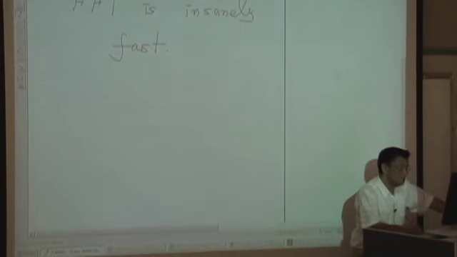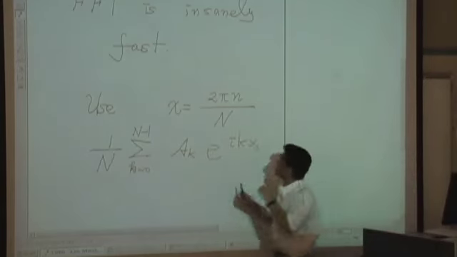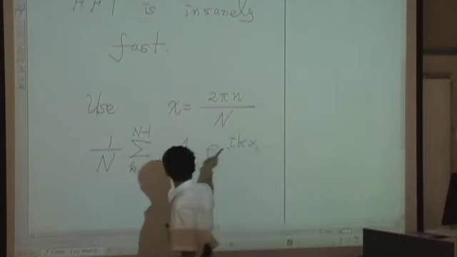Use the relation x equals 2 pi n over uppercase N. Then we can convert the inverse FFT into this form. So we change the W part in this formula.